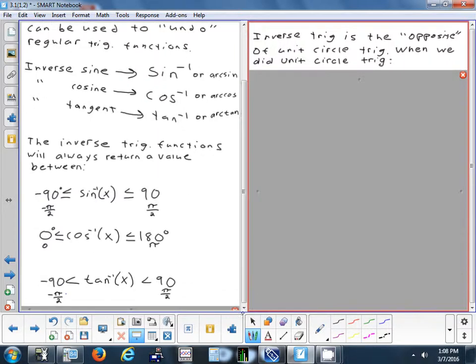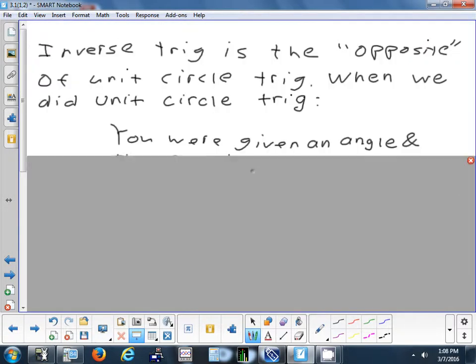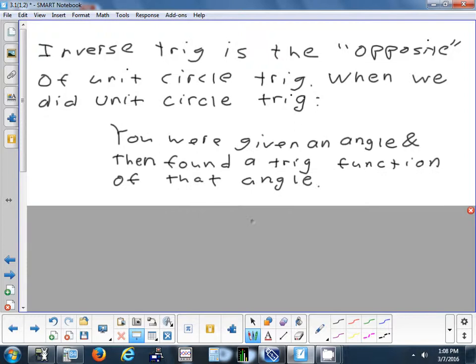Okay, does everybody have this so I can make it bigger? Yeah. Okay. These were the kind of problems I gave you last week. I gave you an angle. Somebody pick an angle that's a multiple of 30 or 45? 30? Sure, use 30. Okay, so I gave you an angle, and I gave you a trig function.